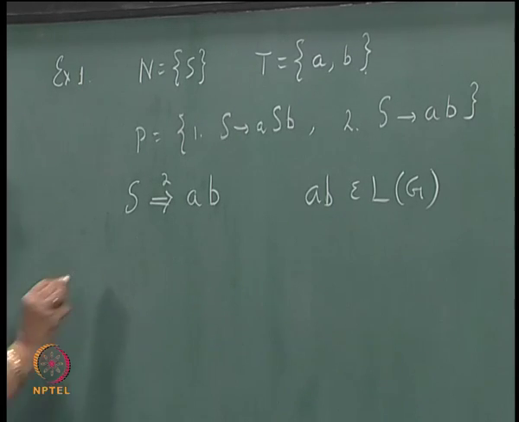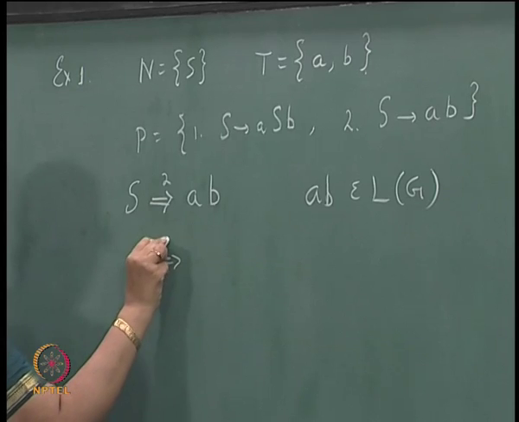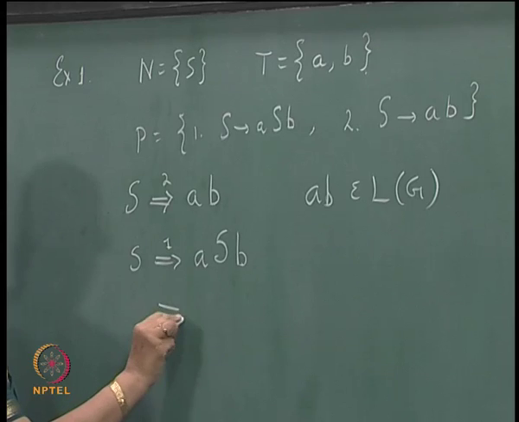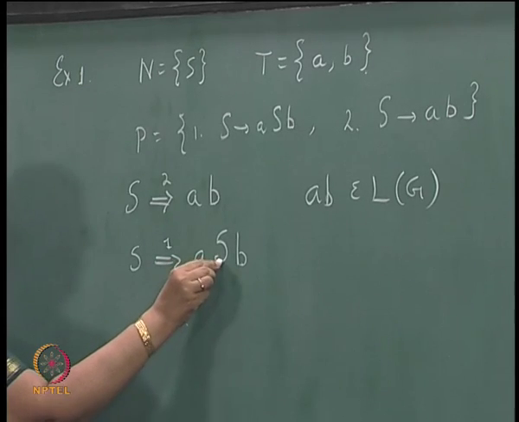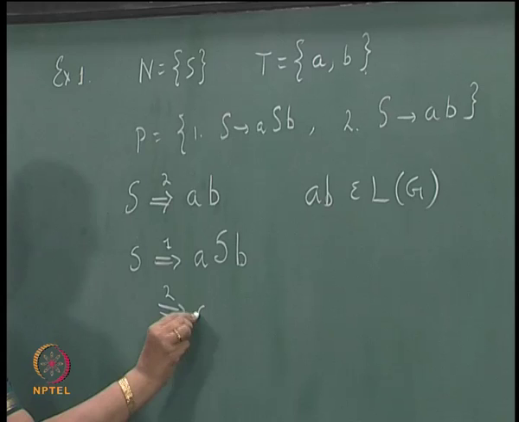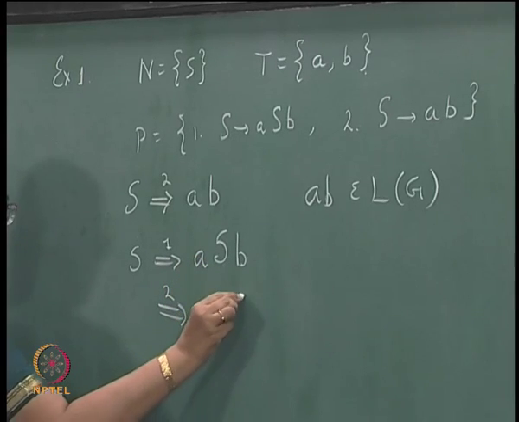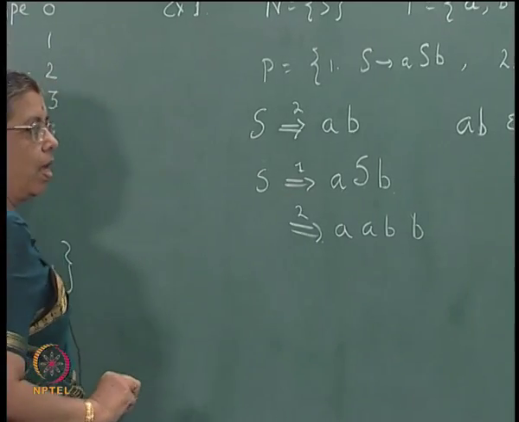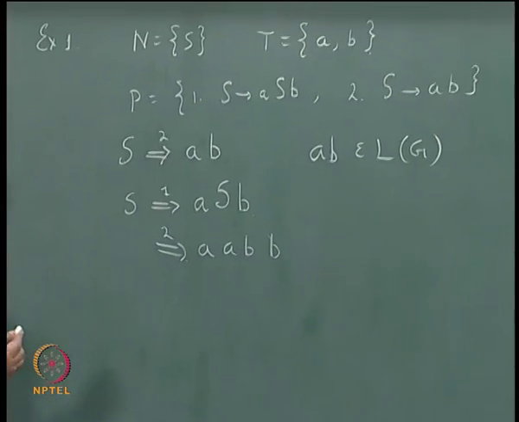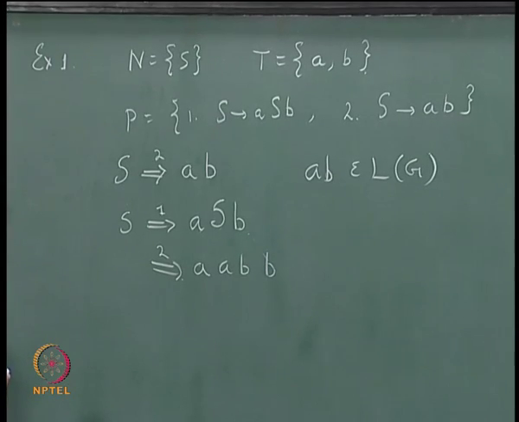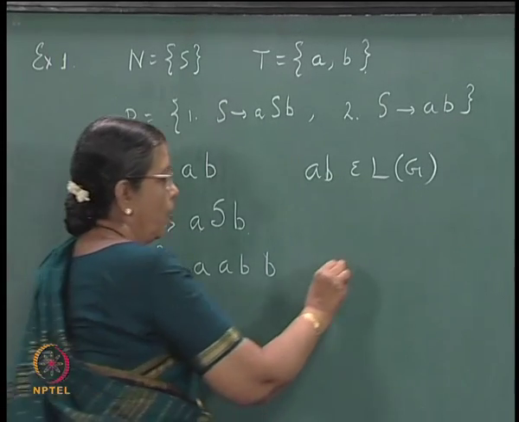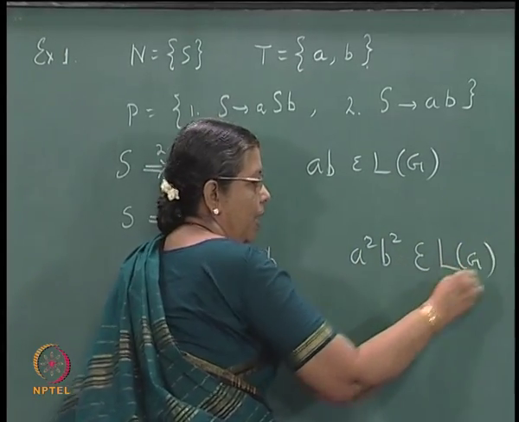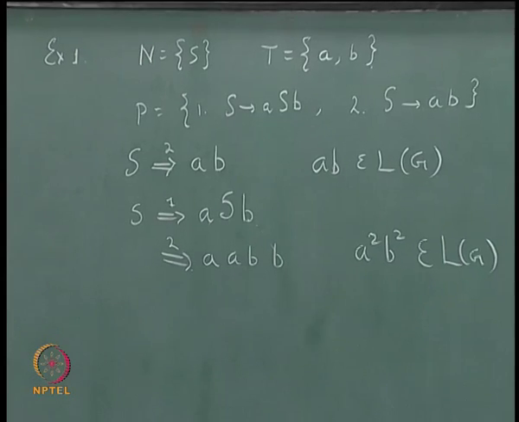On the other hand, you can start with S, apply rule 1 and get A S B, and then from this S you can derive using rule 2, S will be replaced by AB. So, AABB is a terminal string which is generated by the grammar. AABB can be represented as A squared B squared, belonging to L(G).